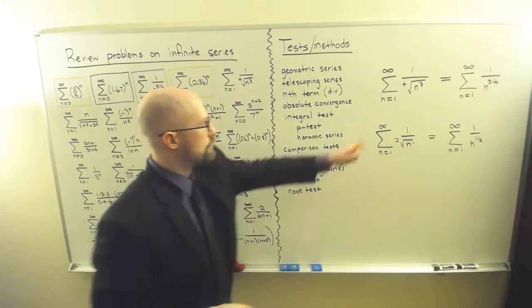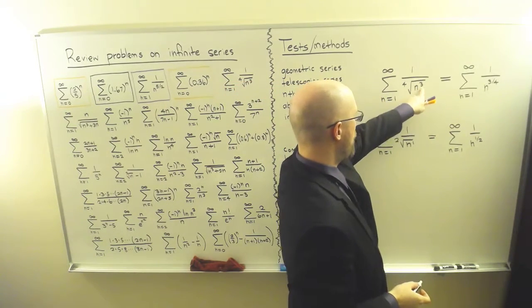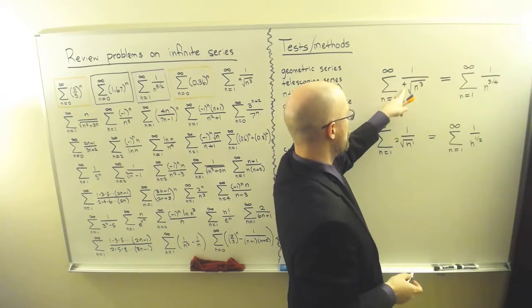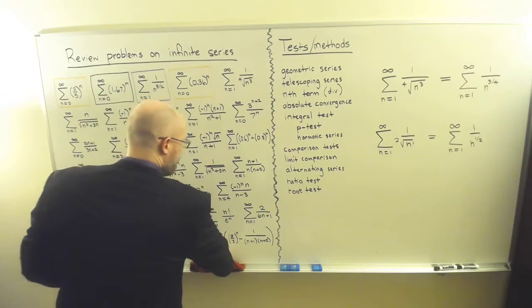Whenever you see a root and a power like this, whatever's inside the root is the numerator of the fractional power, and whatever the root is, that's the denominator of the fractional power.